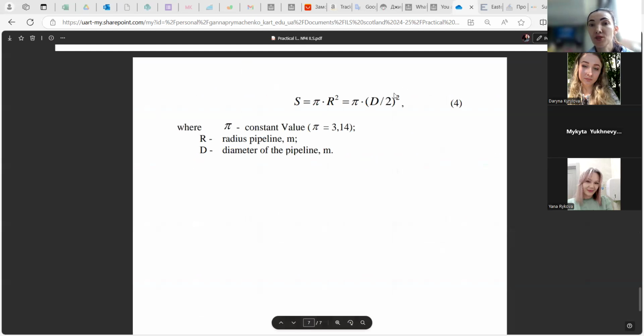So g divided by 2, and all these results, g divided by 2, we use in the second parameter. In the second parameter, all this g divided by 2, and also the result of it, we multiply by P. Multiply by P. The result we have in square meters. Okay, solve it, please.